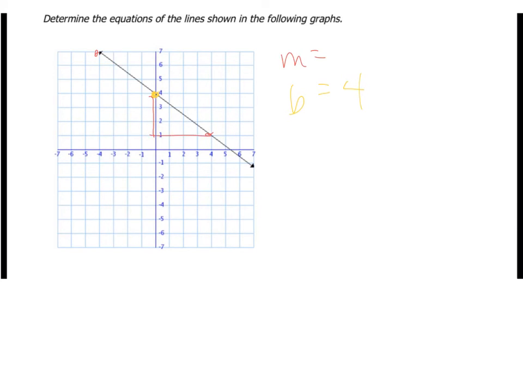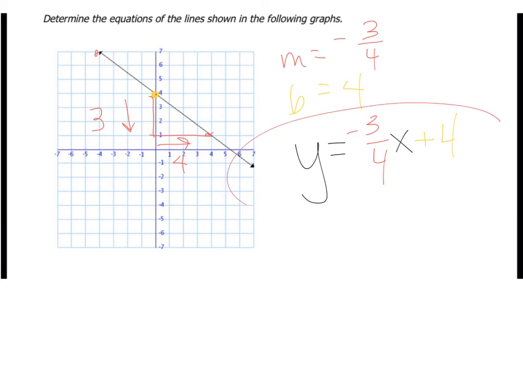It goes down 3 over 4, so negative 3 over 4. Now we're going to write the entire equation. Y equals, so positive 4 is our y-intercept, and negative 3 over 4 is our slope. So there's our entire equation.